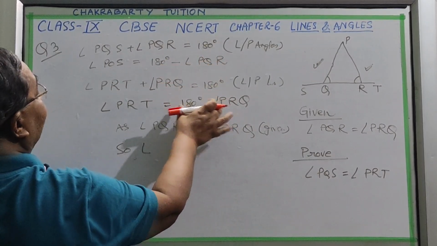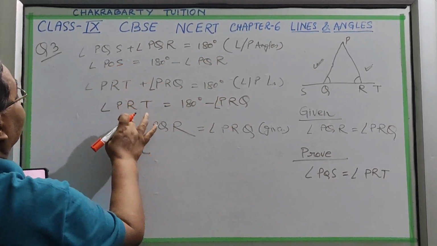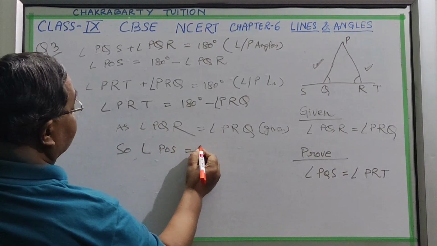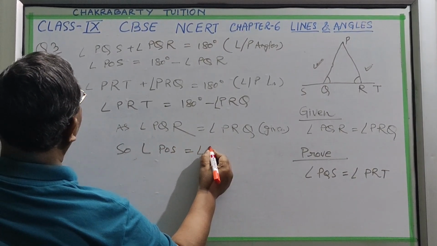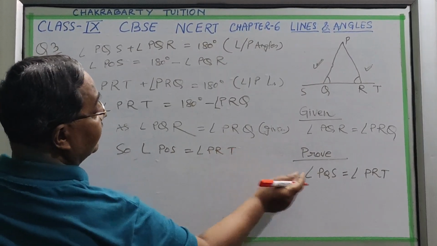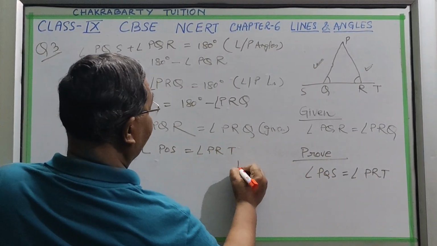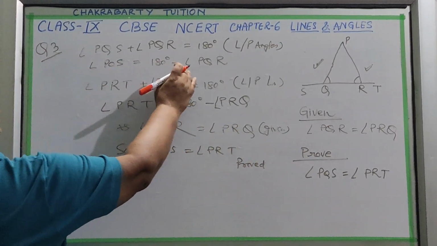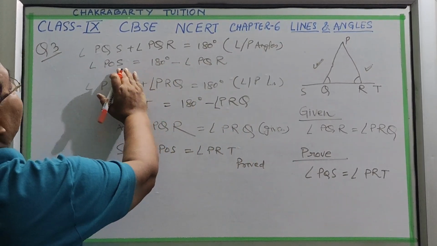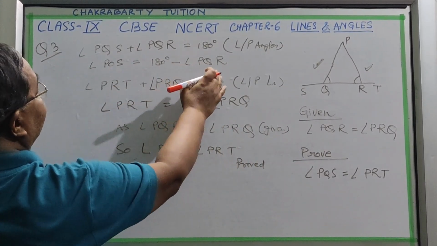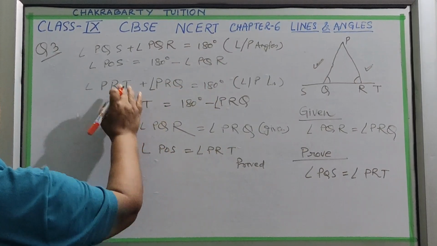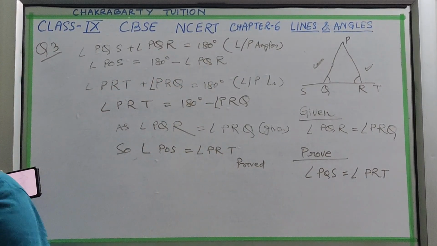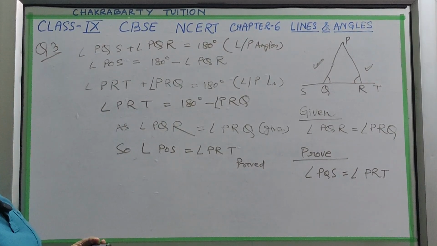So angle PQS will also be equal to angle PRT. This is proved. One axiom is also there: if equals are subtracted from equals, the remainders are equal. Based on that also you can solve it. So it is proved. Now we will go to question number 4.